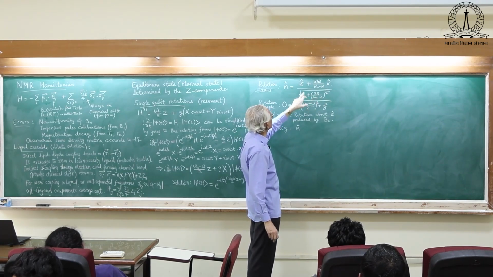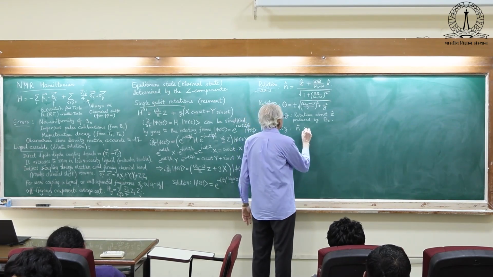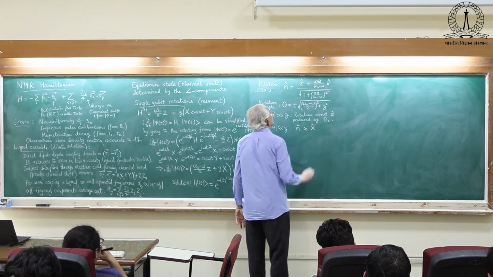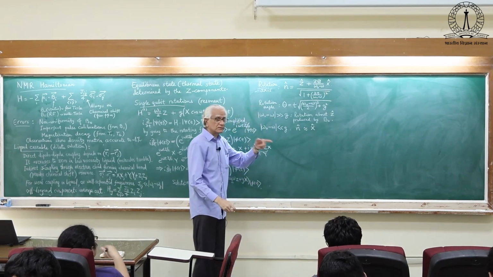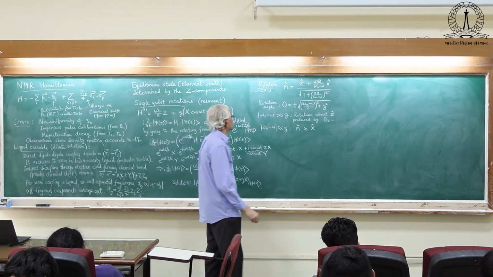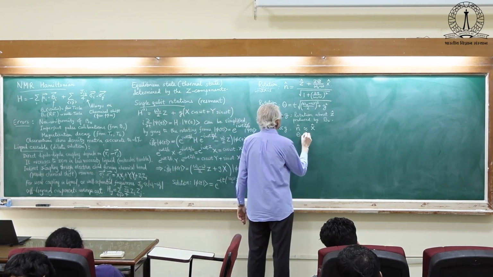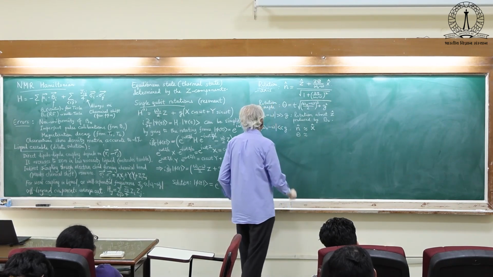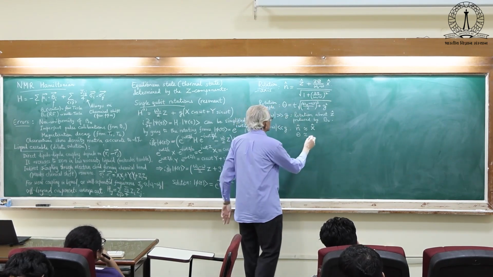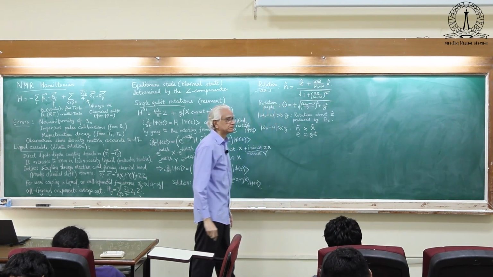I can ignore one and I can ignore that one as well. So this n is now along x direction. And the angle theta, well, I will throw out this thing, and that is equal to just g times t.